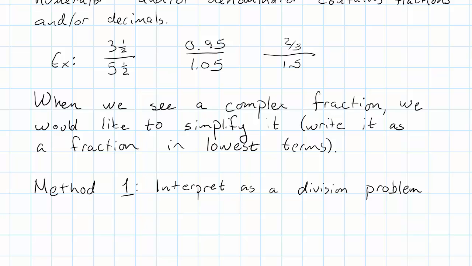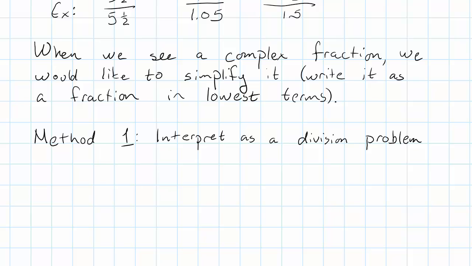The first method is to interpret the main fraction bar as indicating division. So if we want to simplify 3.5 over 5.5, we can write that as 3.5 divided by 5.5. And now we can perform this division by hand.